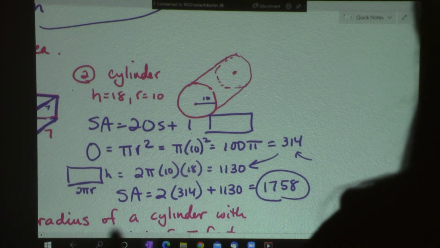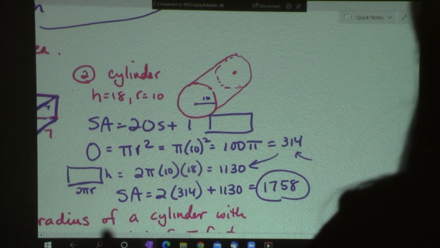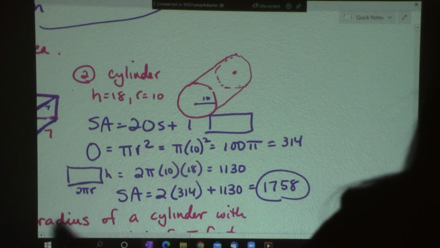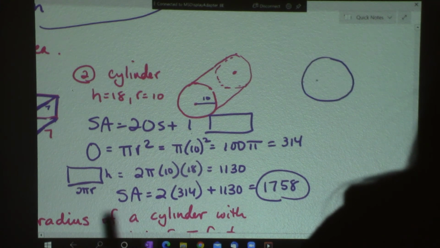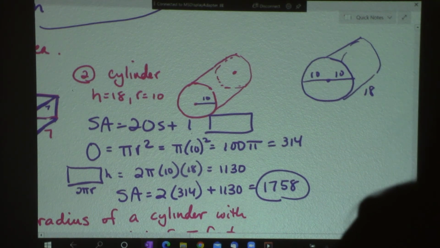And really, the picture of the circle, well, yeah, that's about right, actually. They should be about the same. The distance across the circle should be 10, 10, and then this would be about here, like this. Anyway, so that's 18. Okay.